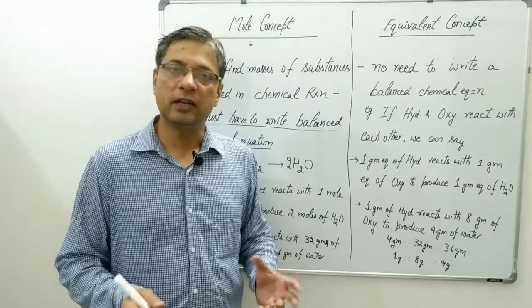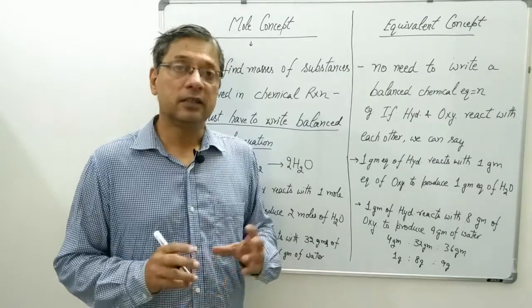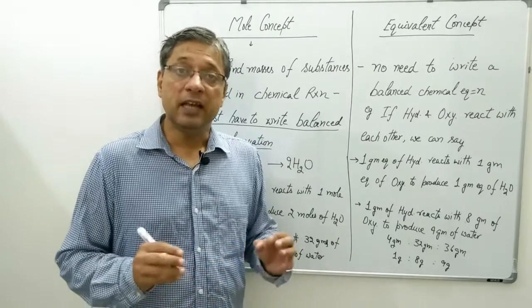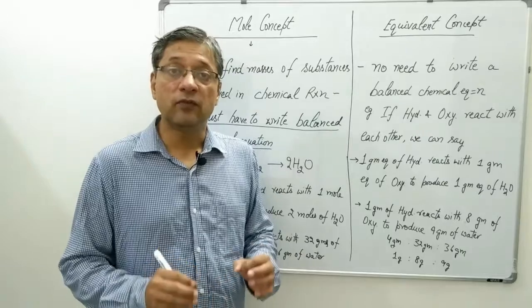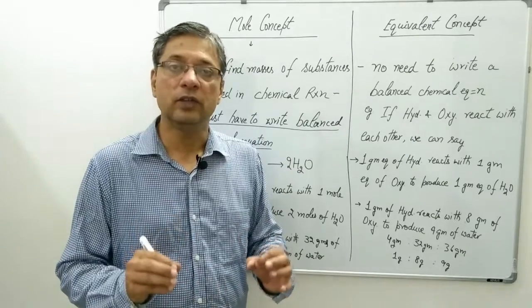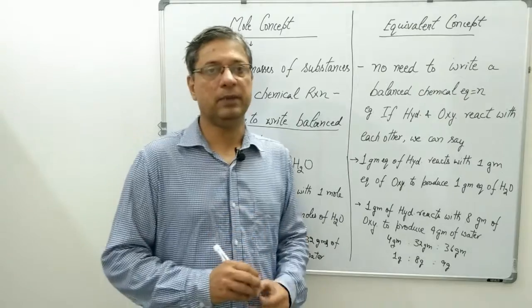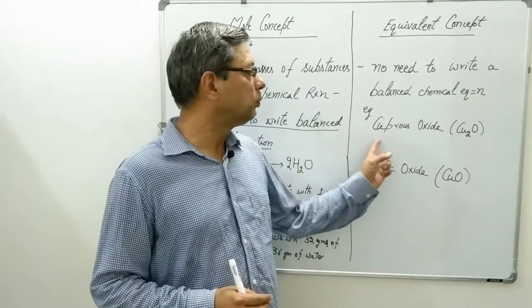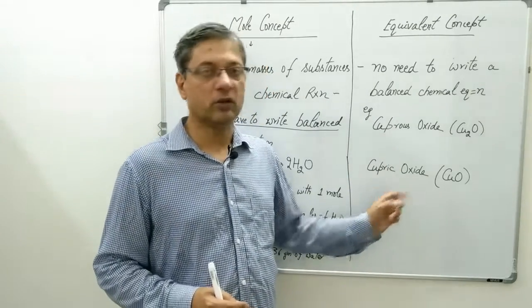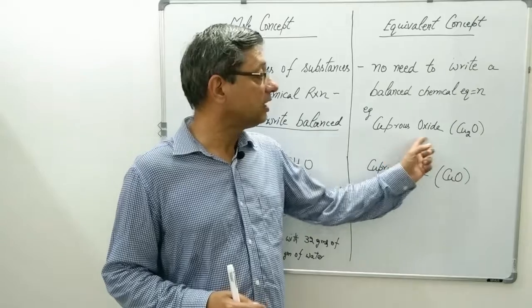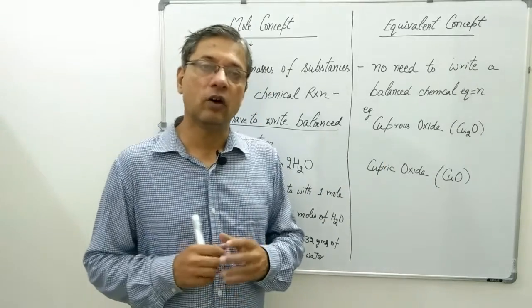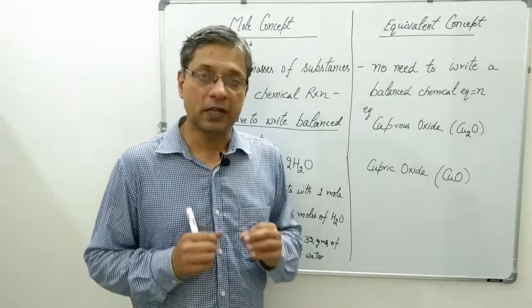However, the equivalent concept was discarded. The reason was many elements show different values of equivalent masses. Let us understand with an example: cuprous oxide and cupric oxide. In cuprous oxide, valency of copper was 1.